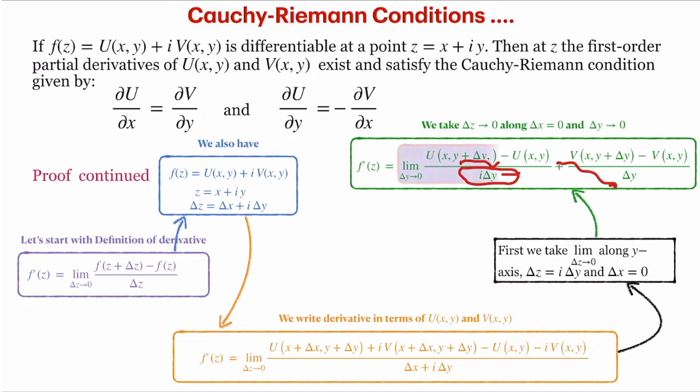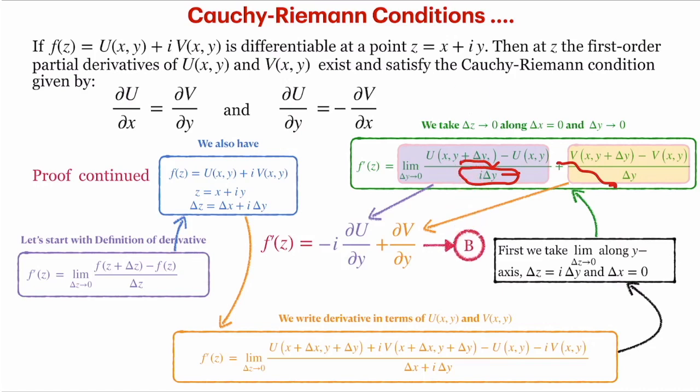Now again we know that this is the partial derivative of u with respect to y multiplied by minus i, plus the partial derivative of v with respect to y. That is the value of f prime of z, and we call it equation B. Now we can get the Cauchy-Riemann condition. If the derivative of f of z exists, then these two values we are getting in equations A and B should be equal.